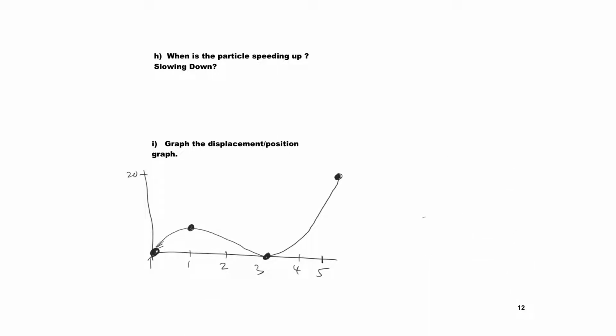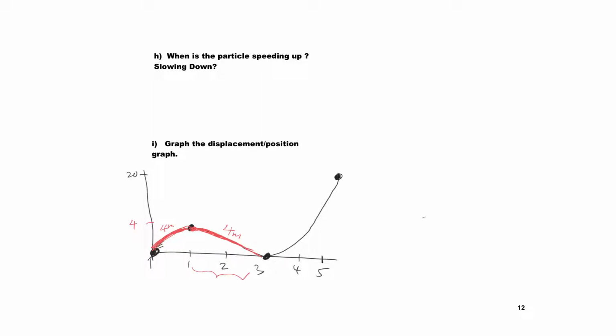Based on this graph, we can calculate the distance traveled at each step. From here to here, the person traveled 4 meters. I'll put here 4 meters. After that, the person decided to go home, towards the house. From here to here, it's also 4 meters, even though it took the person a bit longer to travel.